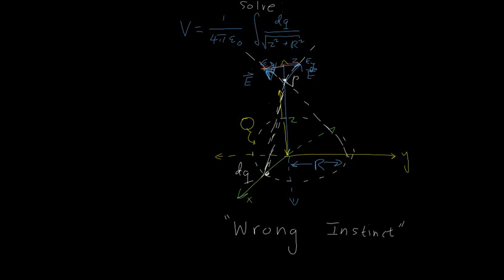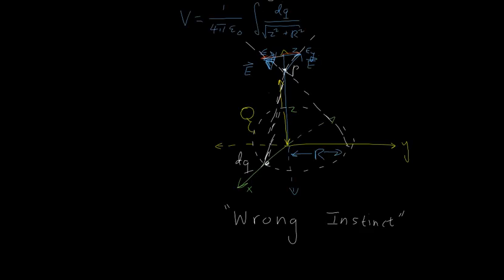Okay, so let's go to another slide here. Notice how everything has just disappeared. This is one of the most important ideas in all of electromagnetism. The electric potential is a scalar. I hope you understand the point I'm making. Since electric potential is a scalar, we don't treat it as a vector.